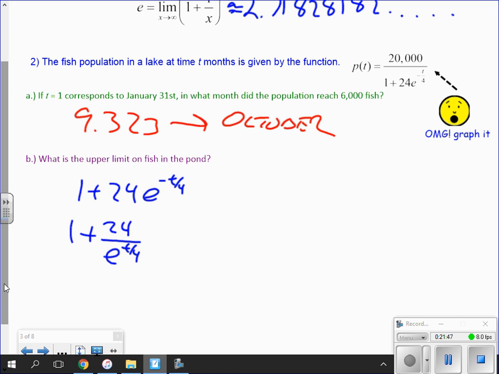It's going to get towards 0, right? Which means this whole thing gets towards 1. If my denominator is 1, what's my capacity? It's 20,000, because my denominator gets closer and closer to 1, so the whole thing gets closer and closer to 20,000.